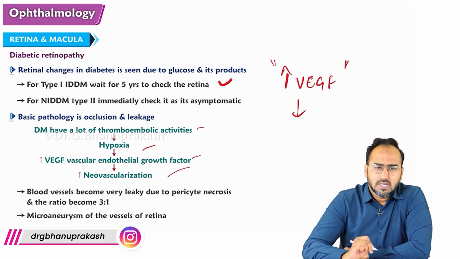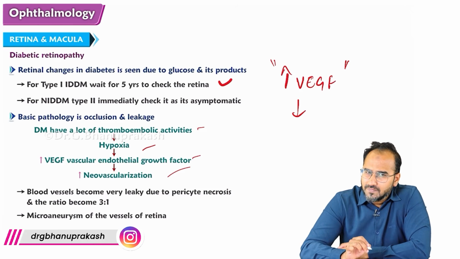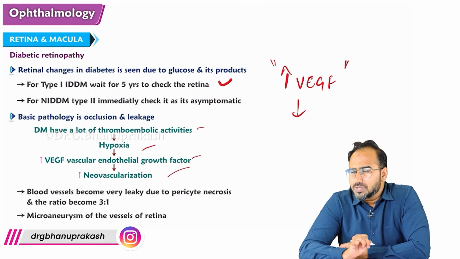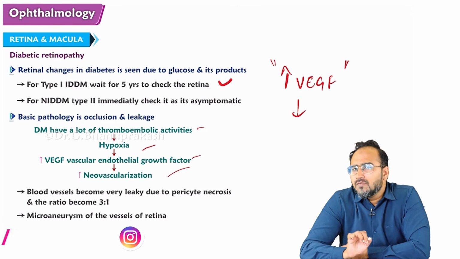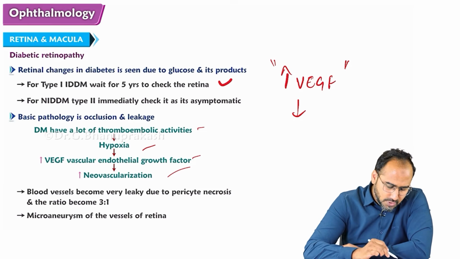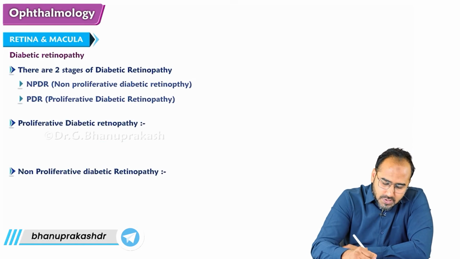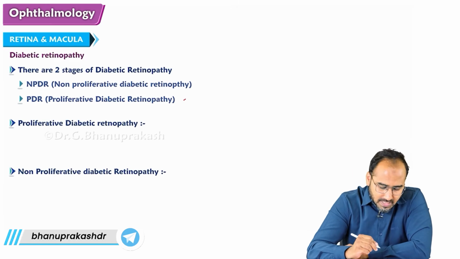Right? Now, remember guys, microaneurysm is seen in non-proliferative, whereas in proliferative you see what? You will see neovascularization, new blood vessels formed in the retina. So I told you there are two types of diabetic retinopathy. What are the two types? One is called non-proliferative, other is called proliferative diabetic retinopathy.